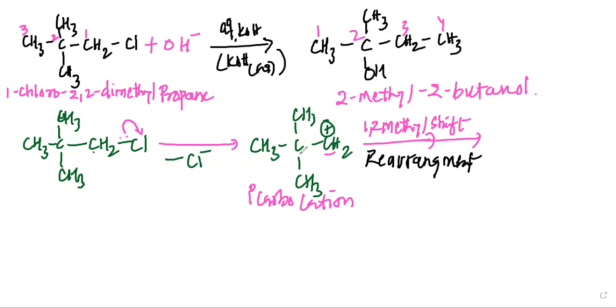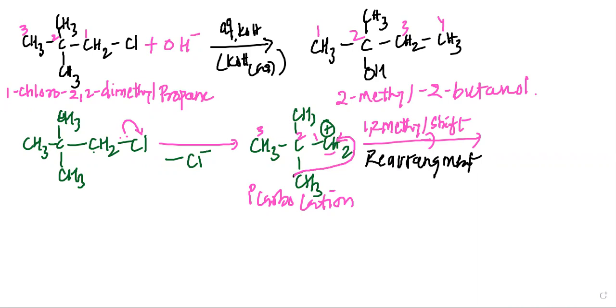The rearrangement takes place, and this methyl group that is bonded to the carbon goes to combine with this particular carbon. As we get this 1,2-methyl shift, the methyl group from the second carbon goes to the first carbon, and we get the final product.